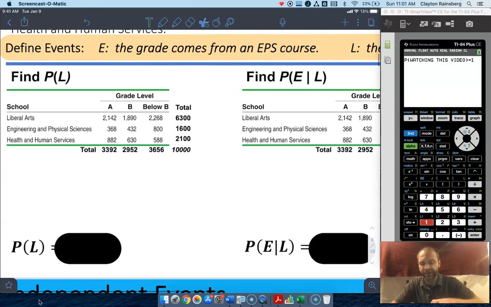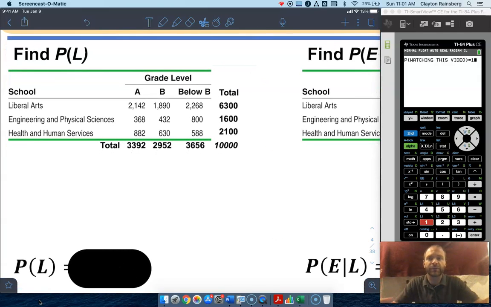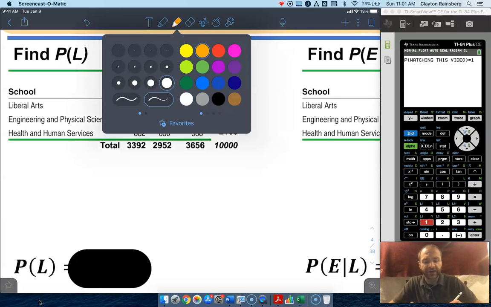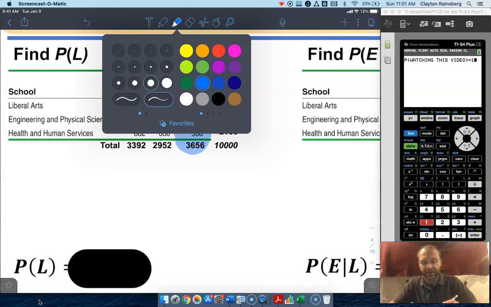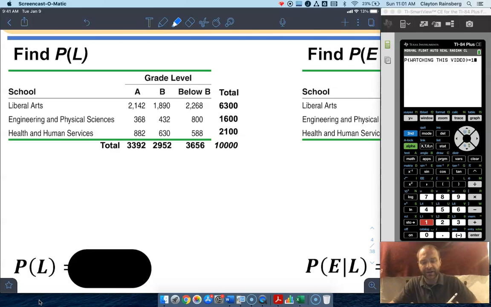So first is just asking for the probability of L. Remember, L represents a grade lower than a B. So this is something that is not really conditional. We're looking at just one event. If I want to find the probability of just event L occurring, a grade lower than a B, I'm going to focus on this column.